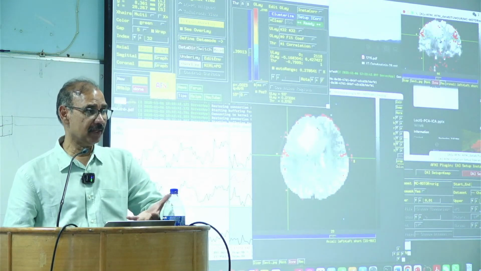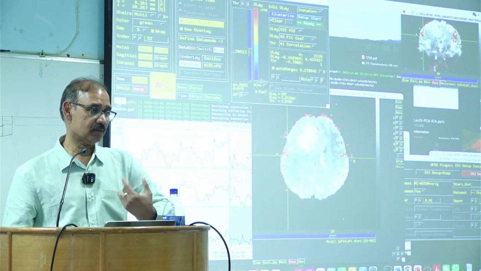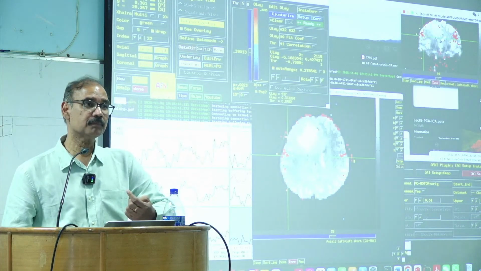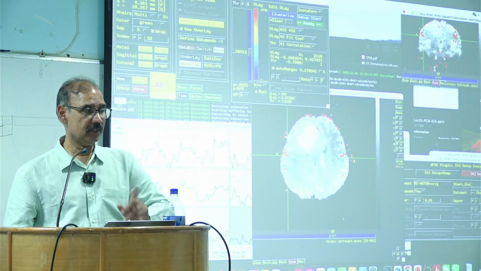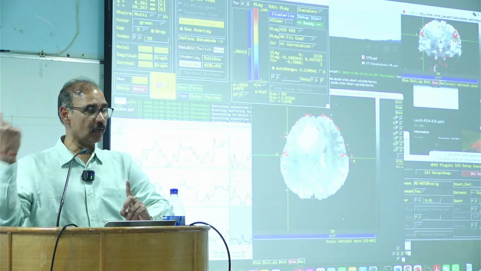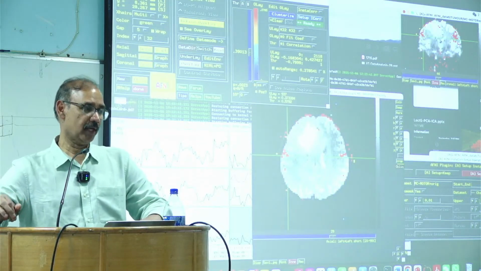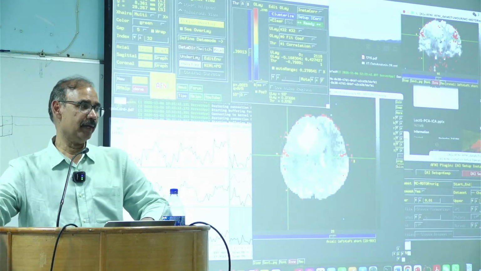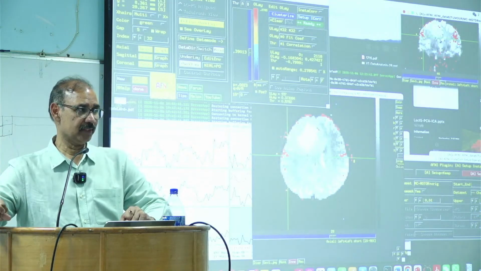So there are different analysis methods, right? So far we know about seed-based analysis. What is seed-based analysis? You take a time series from one region and correlate it with the rest of the brain. The region that you take the time series from is the seed, and then you find out which other regions have been activated, right?